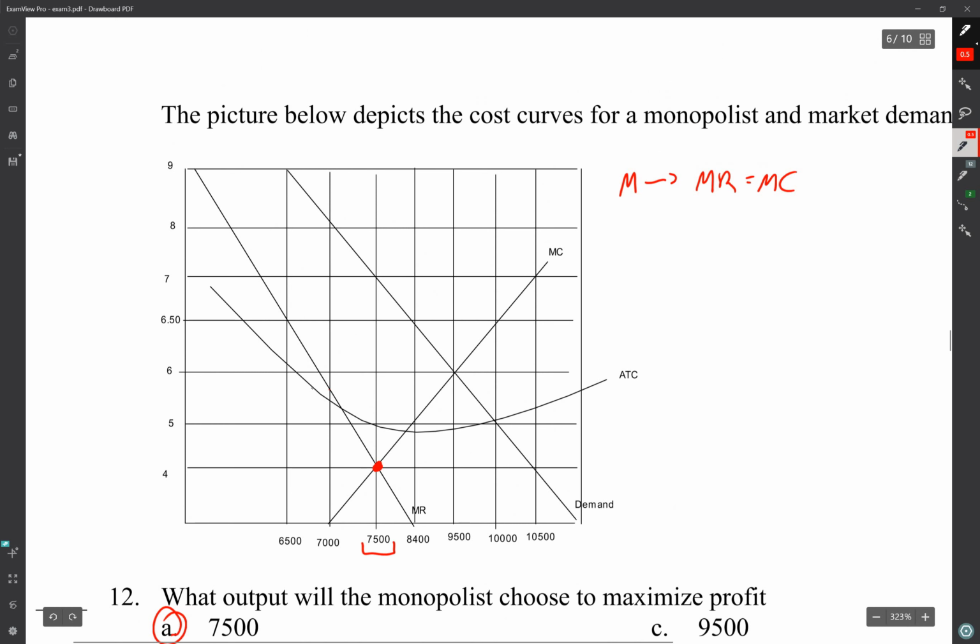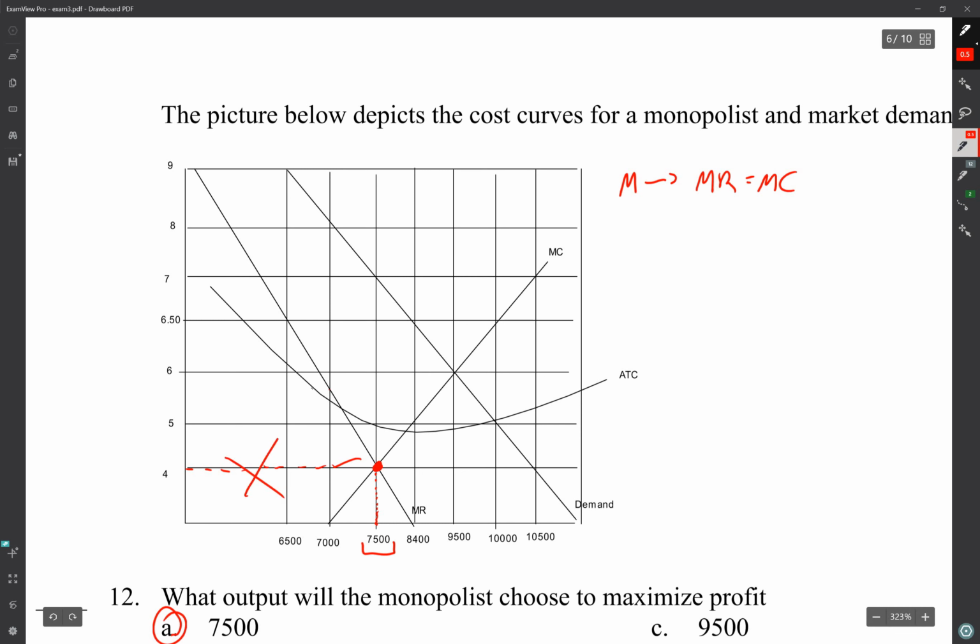Okay, so remember that in equilibrium, we could just find wherever supply and demand equaled each other, and that was going to be your equilibrium supply and demand. Here, we find where they're equal, and that we find to be our quantity, but we don't go across to the y-axis here.